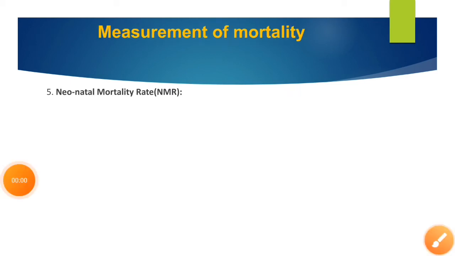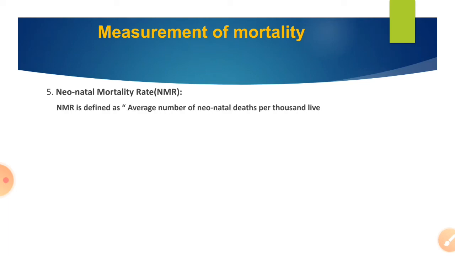Take the next measure, that is the fifth one, neonatal mortality rate, in short called NMR. It can be defined as the average number of neonatal deaths per 1,000 live births in a year. Neonatal babies means babies aged less than 28 days.